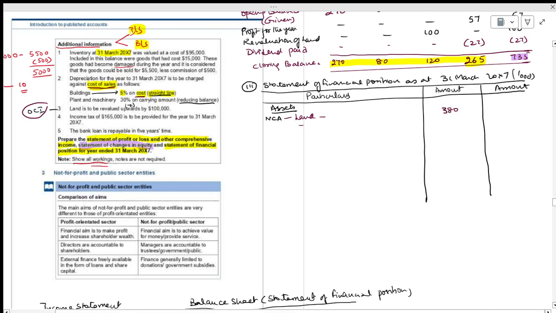Next, add the revaluation, note 3. How much? 100. So it comes to 480.